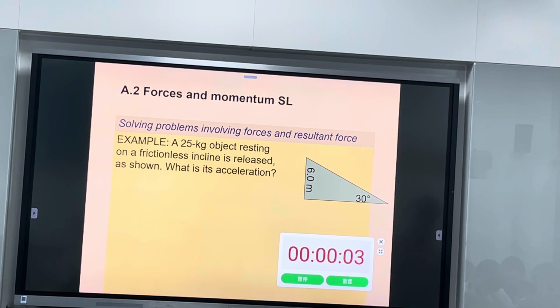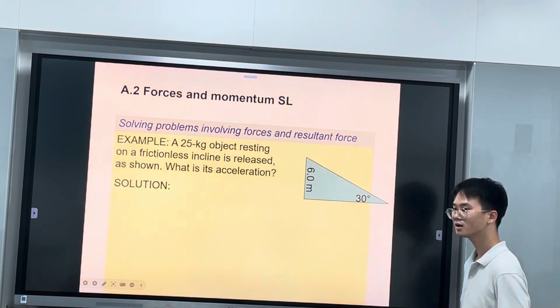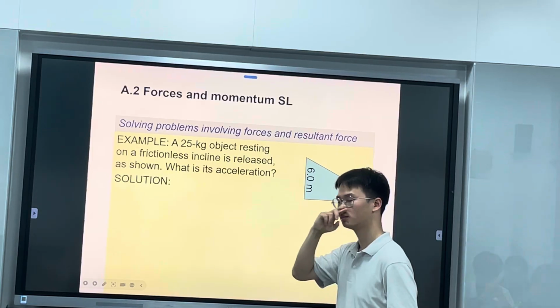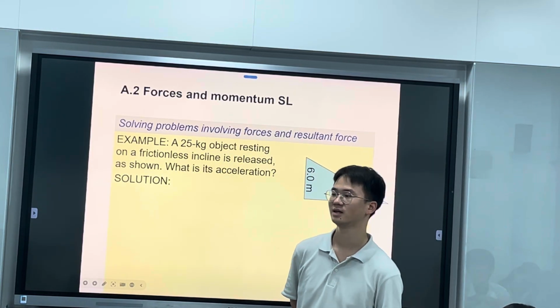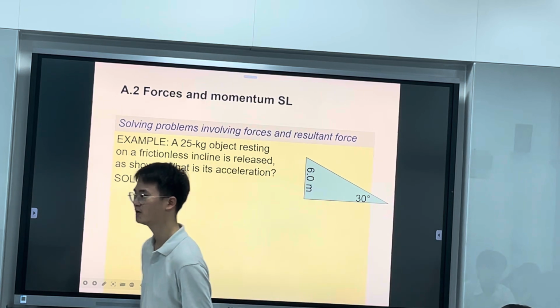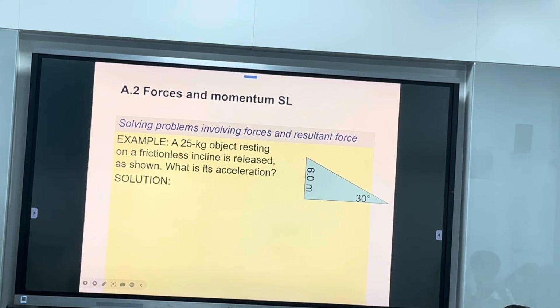By the way, for the periodic quiz, there are going to be 50 marks in total. And you will have 90 minutes to finish this paper. 20 multiple choice questions and 30 points for the structured questions.